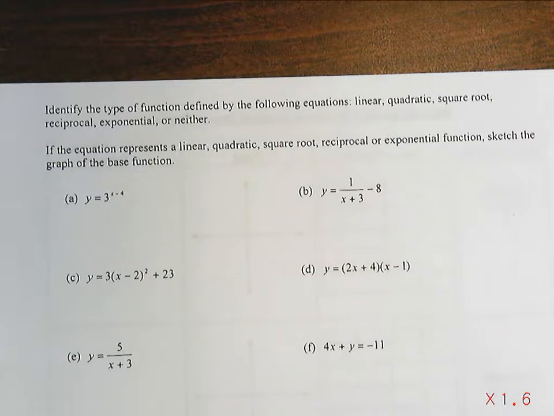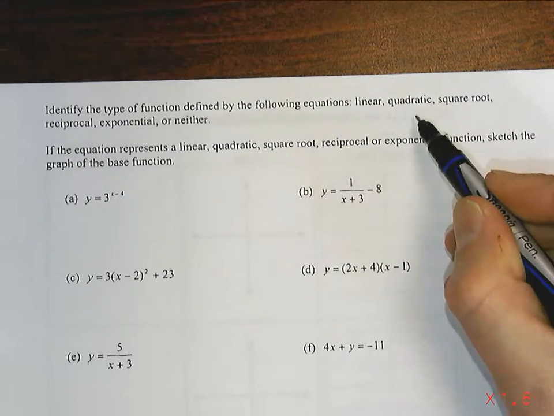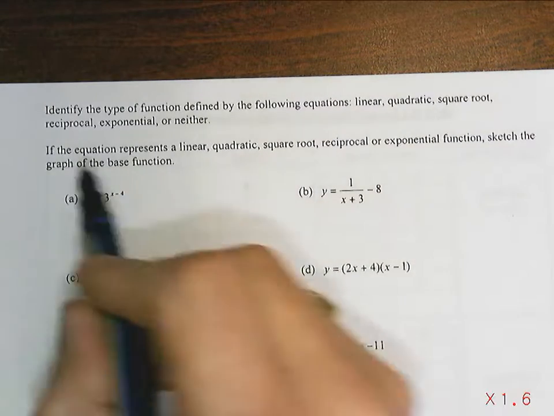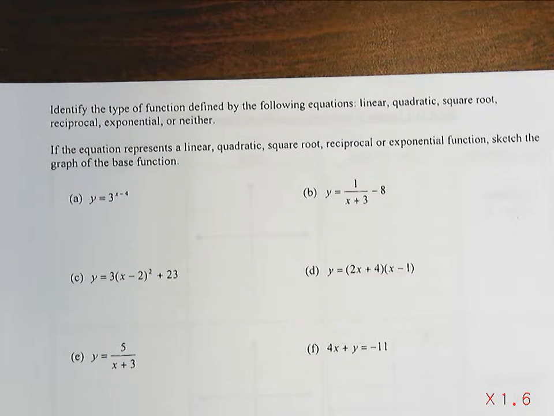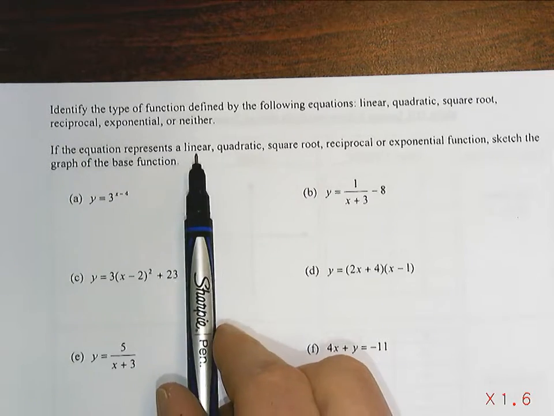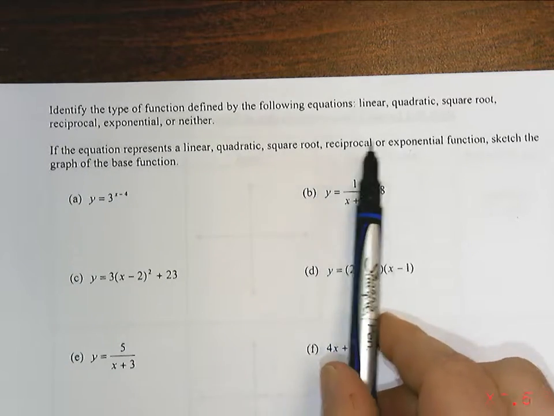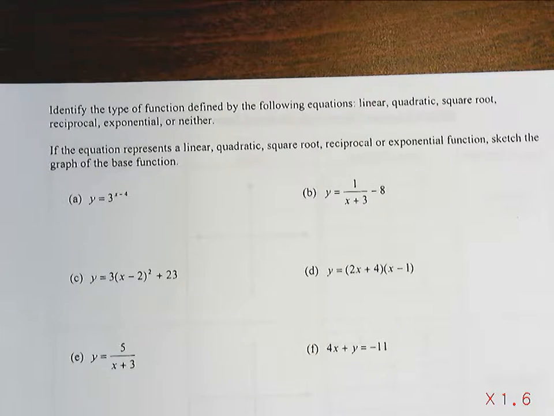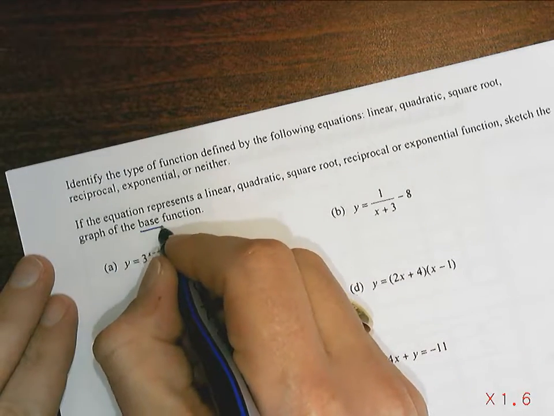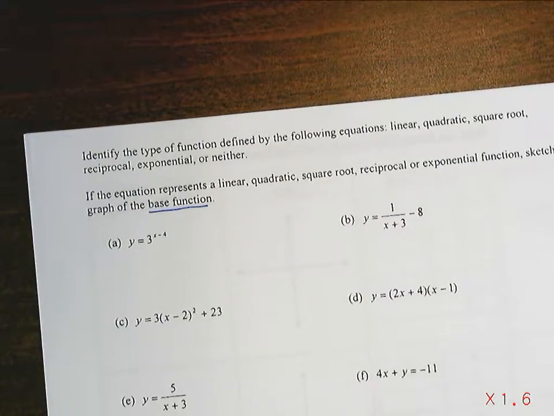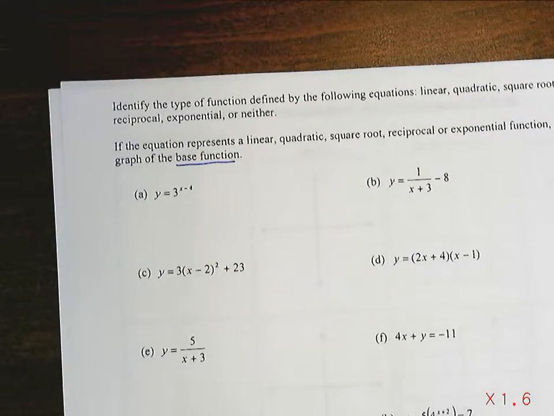Is it either linear, quadratic, square root, reciprocal, exponential, or neither? So they want us to identify it. If the equation represents a linear, quadratic, square root, reciprocal, or exponential, sketch the graph of the base function. Okay, so that seems a little odd, but let's take a look.